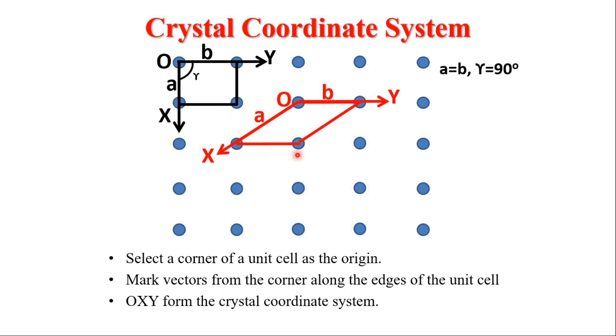Whereas in the case of the red unit cell, vector a is not equal to vector b and the angle between these two vectors is not equal to 90 degrees. From this, we have understood that the crystal coordinate system can be Cartesian or non-Cartesian.